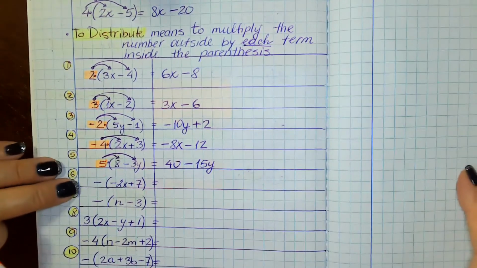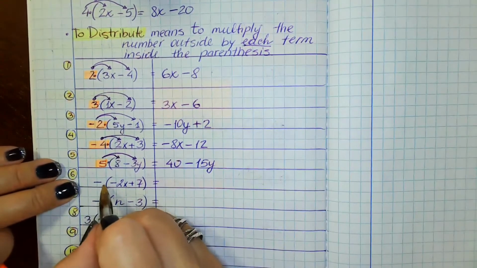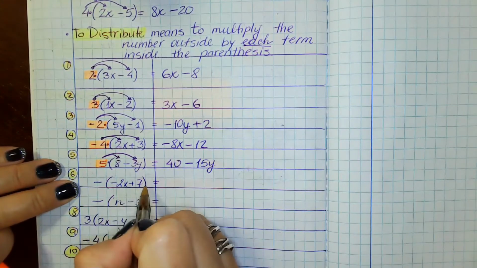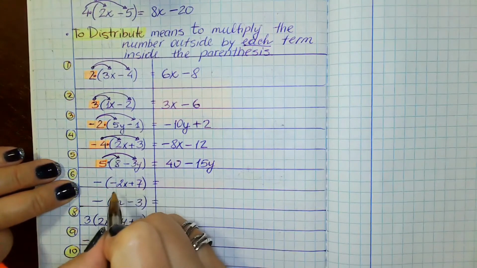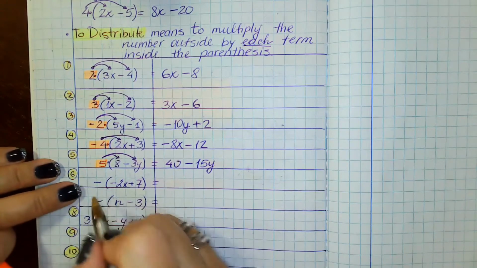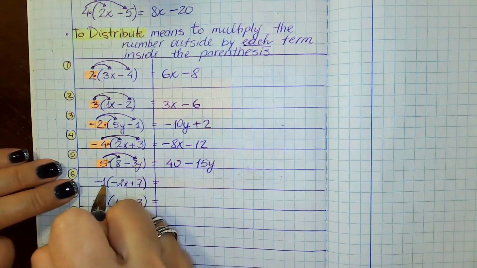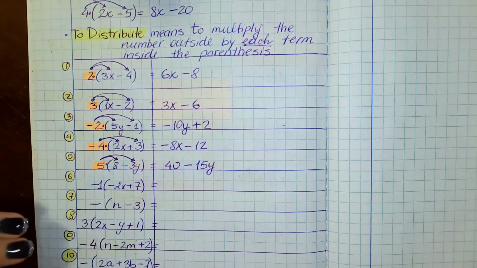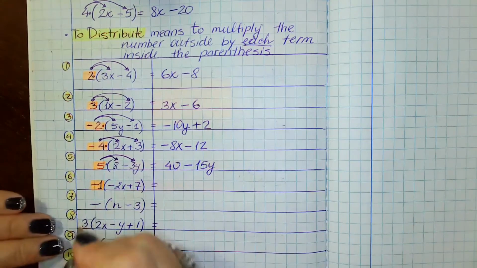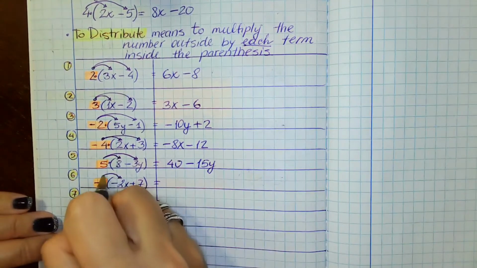What if in the next example I see a negative and then I see a group? Parentheses means a group of 2 terms, where you have negative 2x plus 7. So that negative is a hidden coefficient of negative 1, which is multiplied by both terms separately.